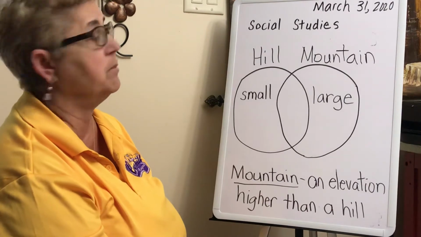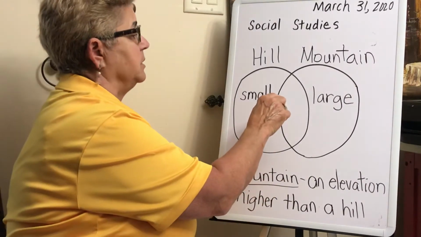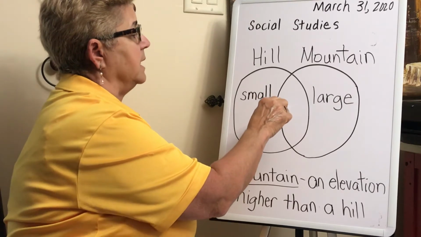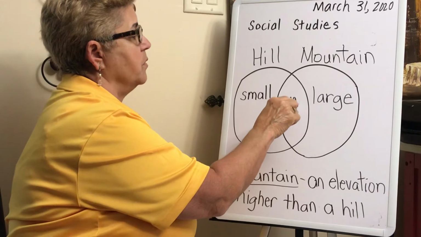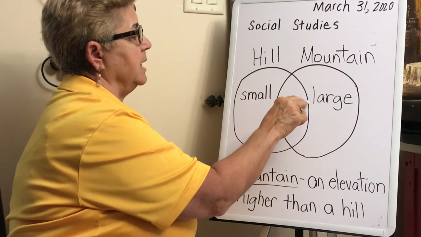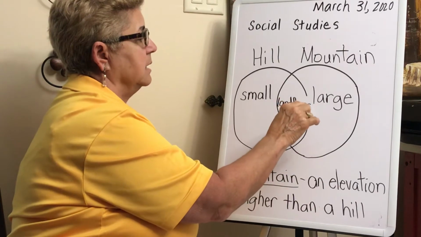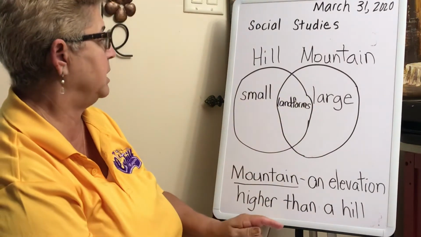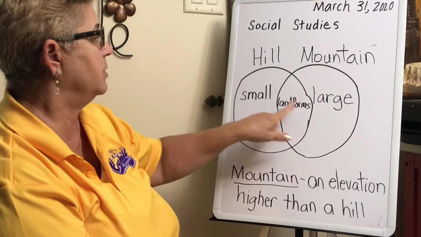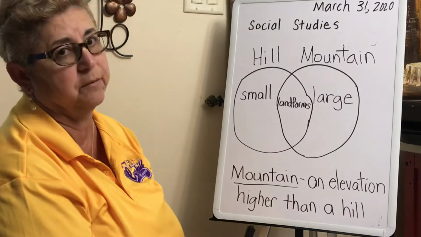But then remember, a hill and a mountain are both landforms. So we're going to write that in the middle, L-A-N-D-F-O-R-M-S. And I have to move my line. You can erase your line if you need to. Because a hill is a landform and a mountain is a landform.